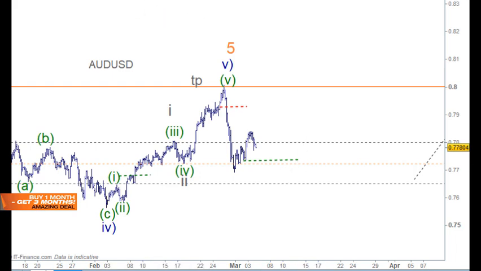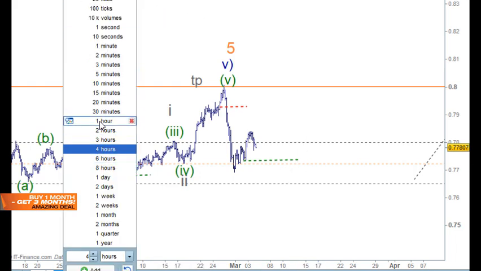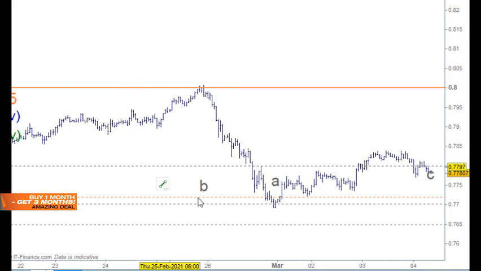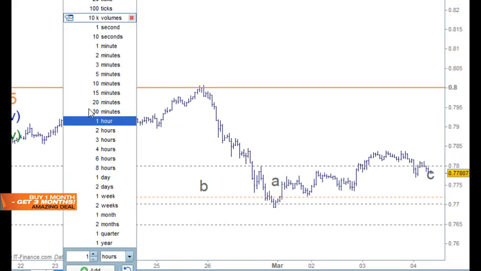I might just go to the tick chart and I'll just go to the hourly chart. Just let me work through this a little bit.